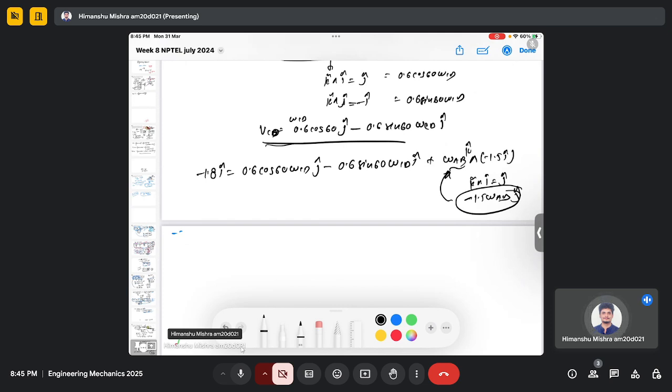If you pull out the x component, you will have minus 1.8 equals minus 0.6 sin 60 omega CD. So here you will find omega CD as 1.8 over 0.6 sin 60.